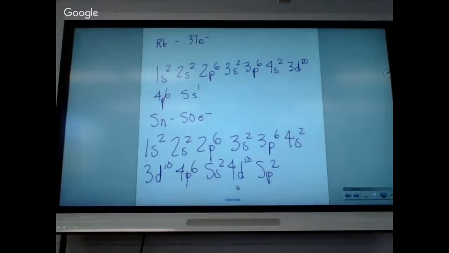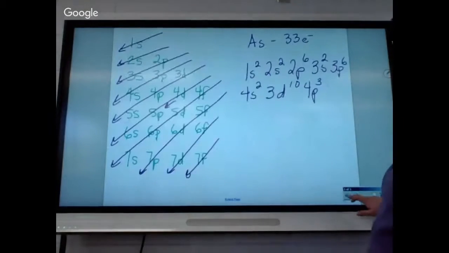All right, so we start at 1s2, 2s2, 2p6, 3s2, 3p6, 4s2, 3d10, 4p6, 5s2, 4d10, 5p6, 2, 4f14. All right, after you do 6s2, we cruise back here.